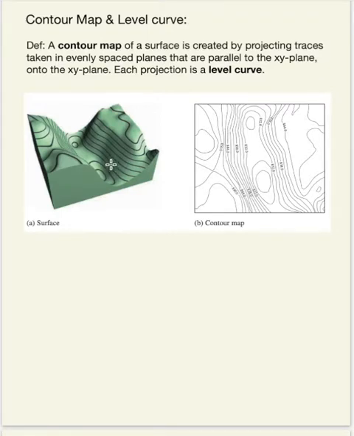So for example here, when we cut sufficiently low, this little circle is the cross section, and that is this one right here. When we cut a little higher, say we get this cross section. Then on this contour map, we obtain this level curve.